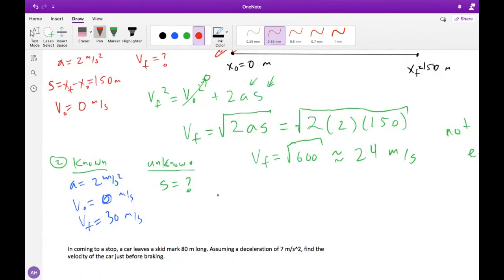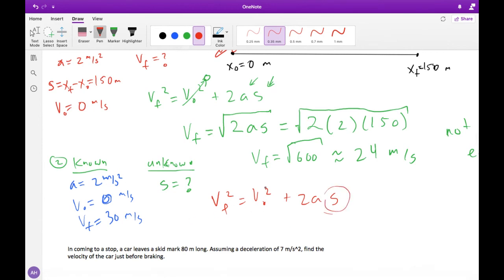Let's write this in red. So in part 1, we use this equation, V final squared equals V initial squared plus 2a times s. And so now we're trying to solve for s, this displacement.